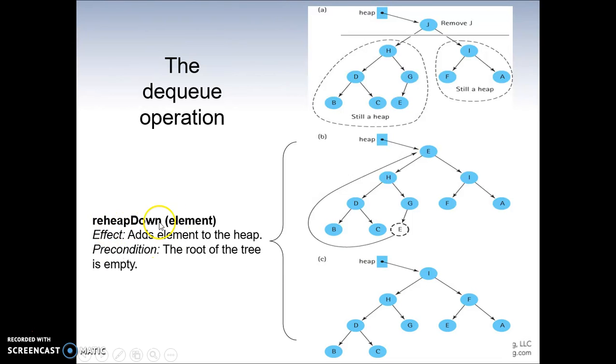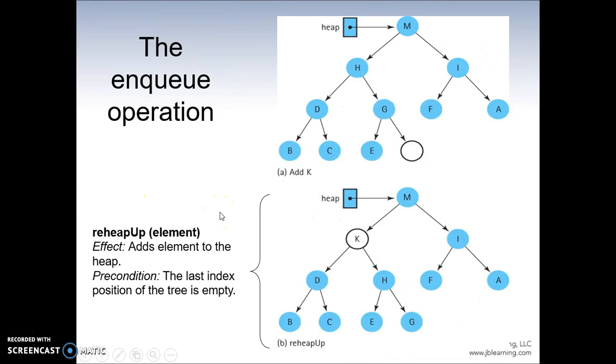So we are depending on reheap down. How about NQ? When you want to add something into the heap, for example, we're going to add K. So K is being added to the heap.